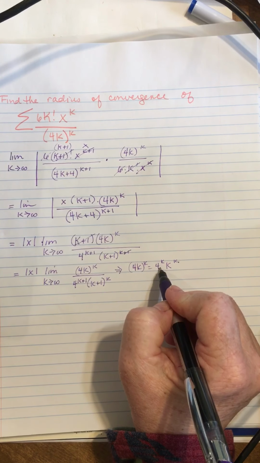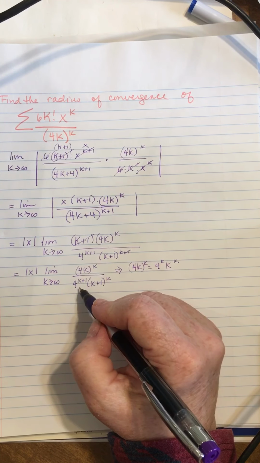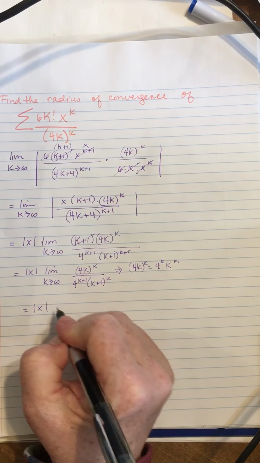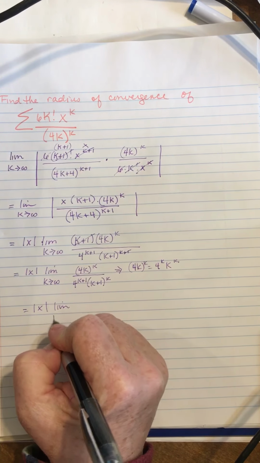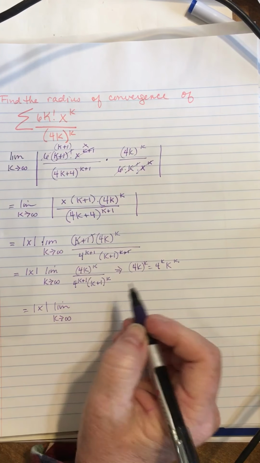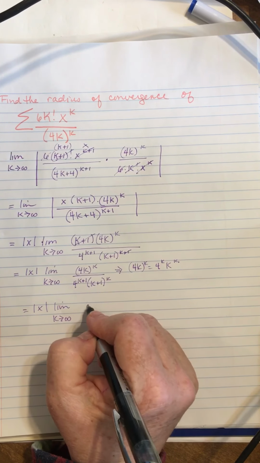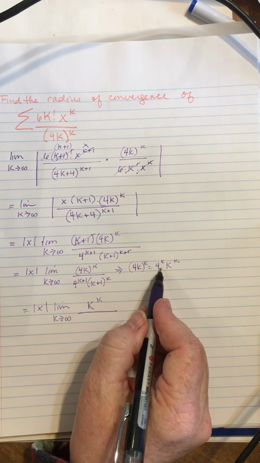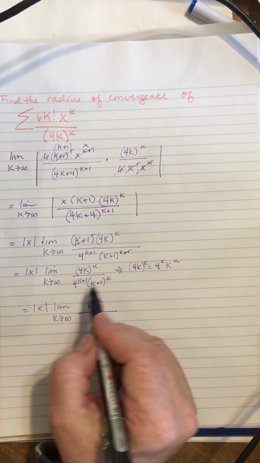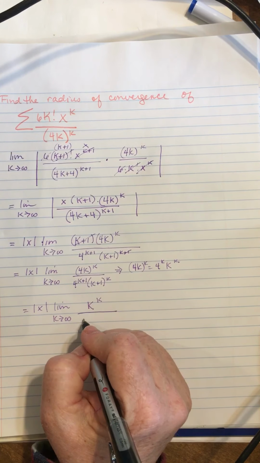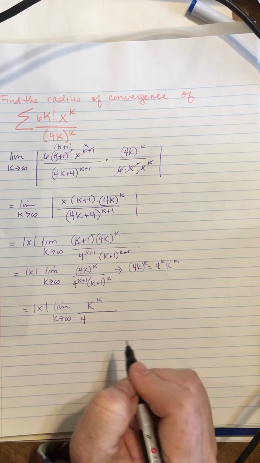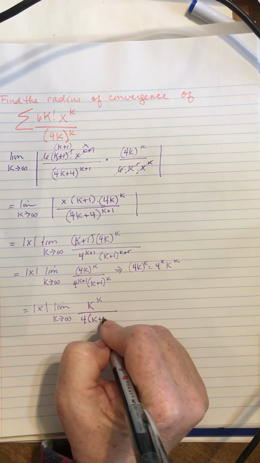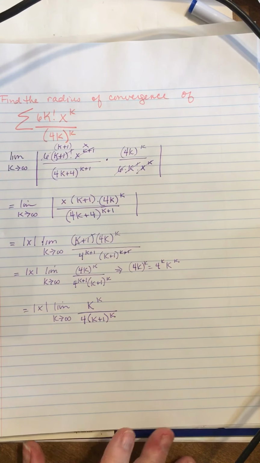So I can take that 4 to the k and cancel it with the 4 to the k plus 1 in the bottom. And so we'll be left with the absolute value of x times the limit as k approaches infinity of k to the k over 4, an extra 4 in the bottom, over (k plus 1) to the k.